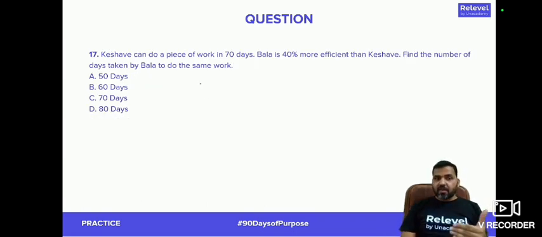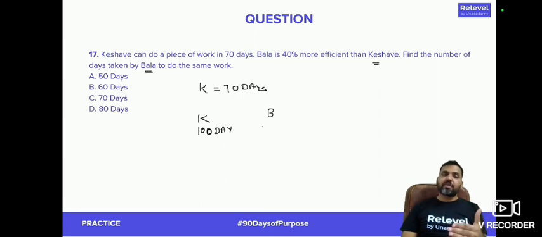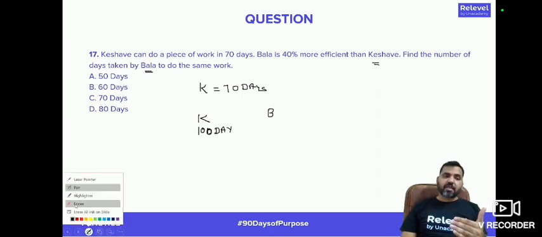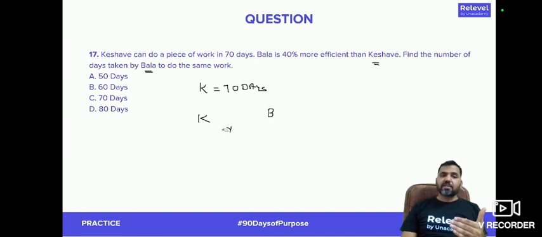Keshav can do a piece of work in 70 days. Bala is 40% more efficient than Keshav. Find the number of days taken by Bala to do the same. Very simple. That Bala is 40% more efficient than Keshav means what? Because this is an efficiency ratio, you cannot take it as days, you need to take it as units.